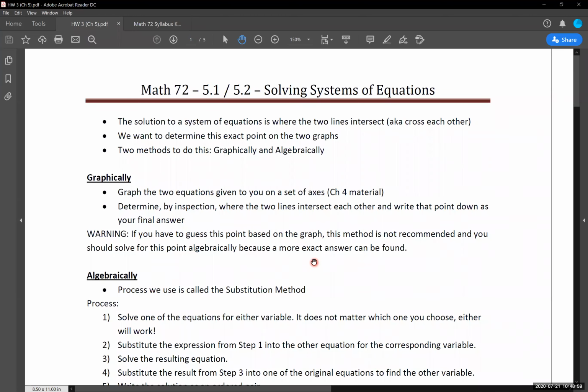The main idea behind this is if you were looking at something and saying, okay, this point looks like it could be at, I'm making numbers up here, the point 2 for an x value, and maybe the y value is 1.4 or 1.5, kind of partway between two of the major axes lines on our graph. If you have to guess at it, I wouldn't recommend using the graphical method. That's where we want to get as exact as we possibly can, and we want to use the algebraic method that we're about to go through.